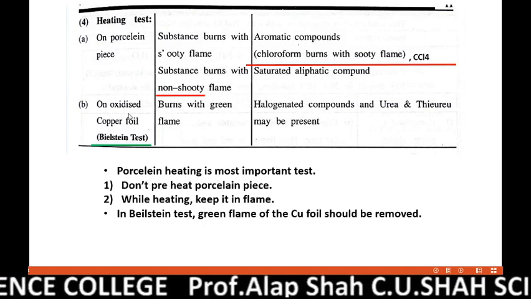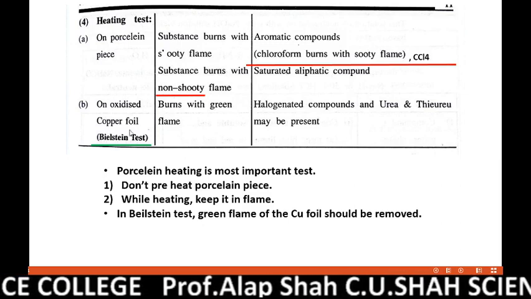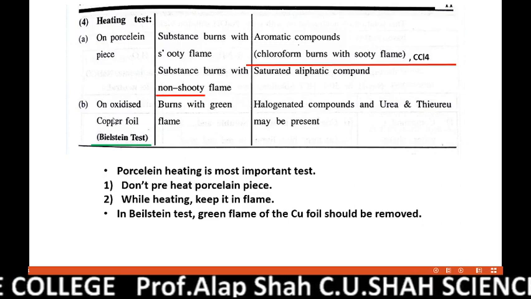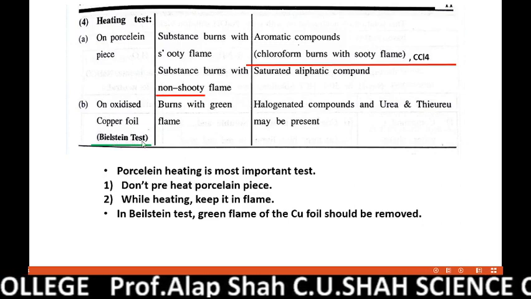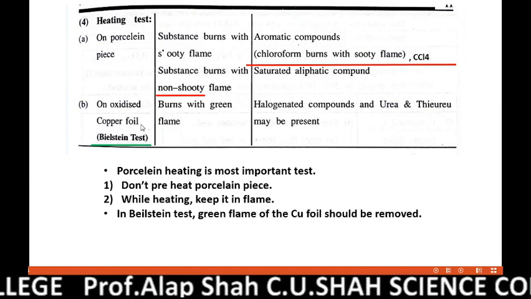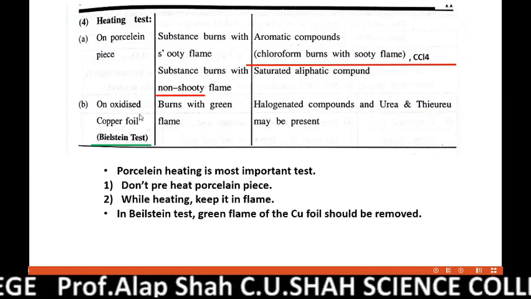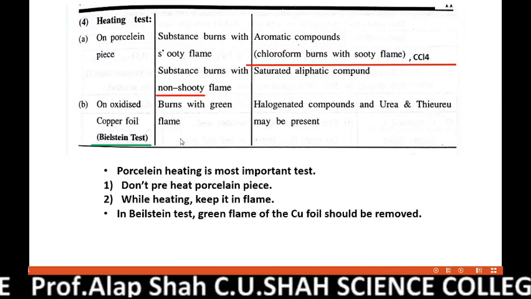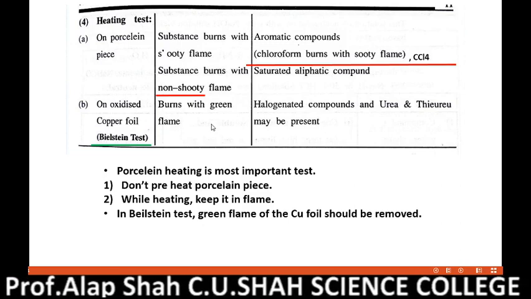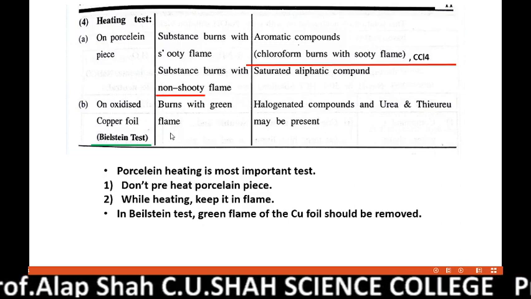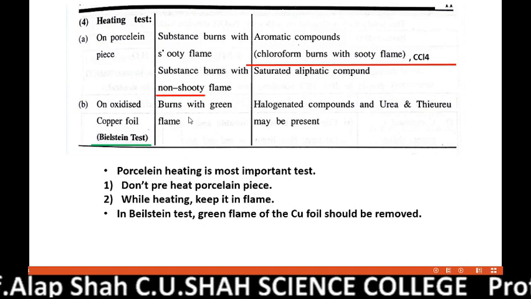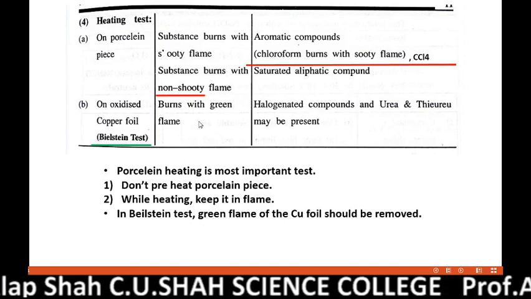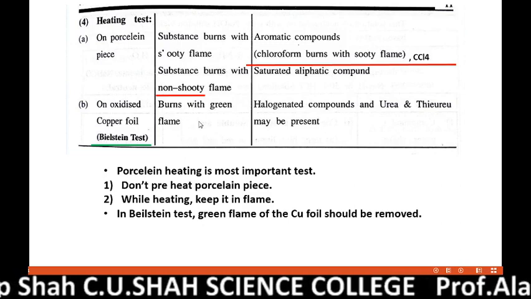And finally, the last test in the preliminary or primary tests is the Beilstein test, in which we heat the substance on a copper foil. The prerequisite of this test is that copper foil itself gives a green flame. So we have to heat the copper foil and red heat it till its own green flame is completely removed.